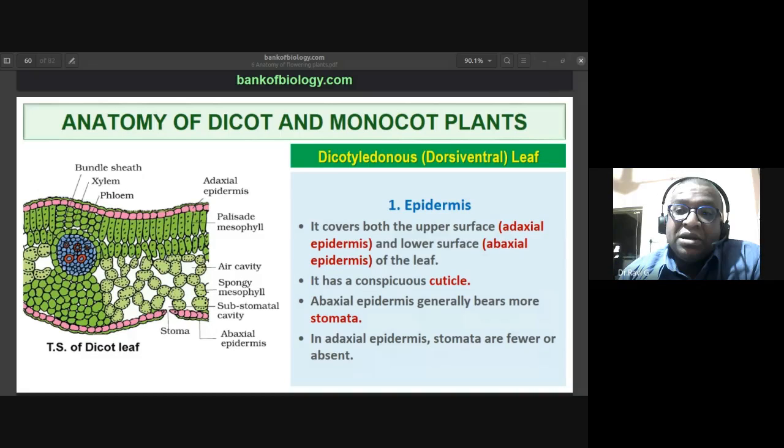The vascular bundle is conjoint because xylem and phloem are present on the same radius, and it is closed type and endarch. The vascular bundle is surrounded by a thick layer of bundle sheath cells. There is heterogeneous mesophyll made up of palisade and spongy chlorenchyma. These are things that are unique in dorsiventral leaf.